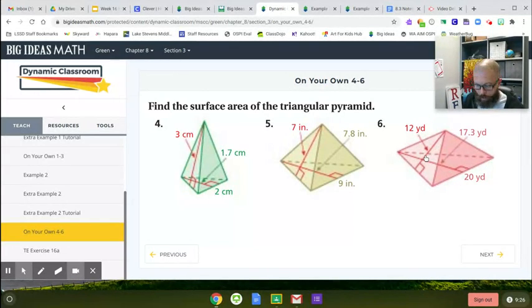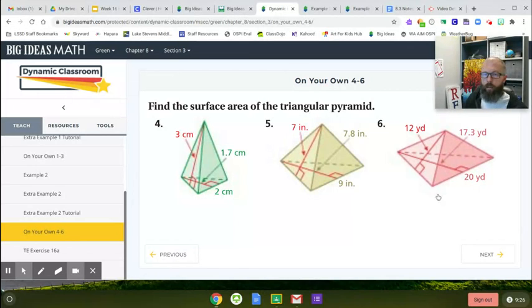So 20 times 12, which is 240 divided by 2 is 120. So 120, 120, and 120 because there's 3 sides on the top. And I end up with 360 plus 173 is 533.